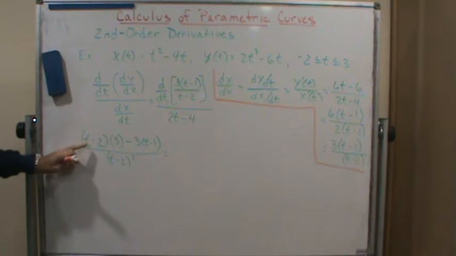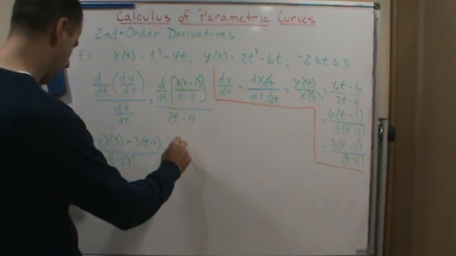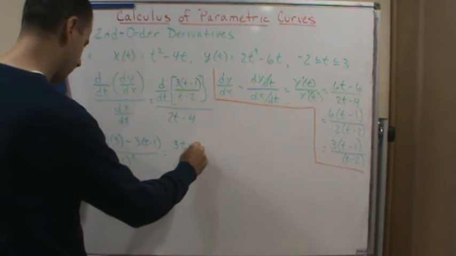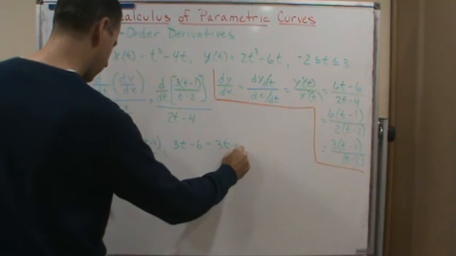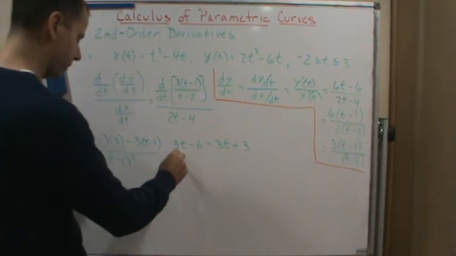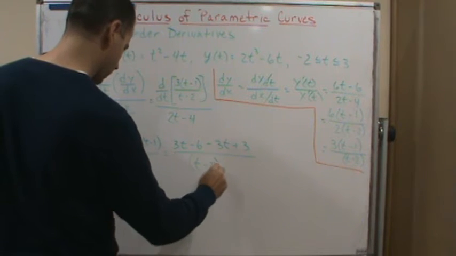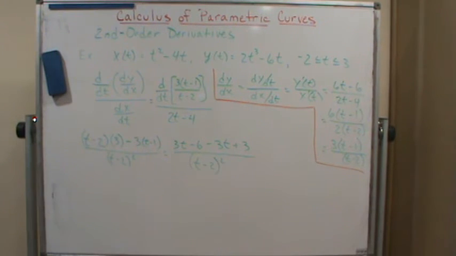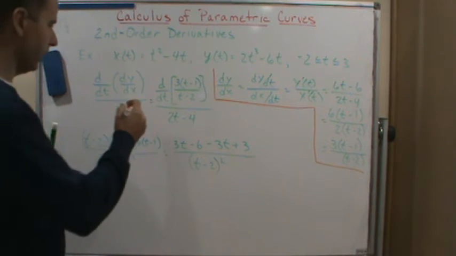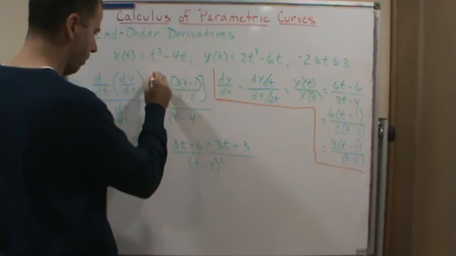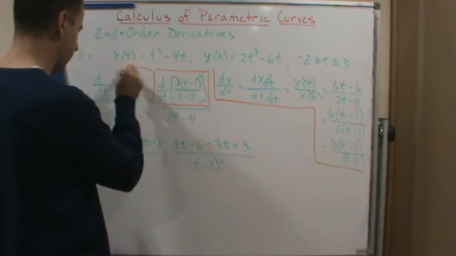This is going to be 3t minus 6 minus 3t plus 3, over (t minus 2) squared. Okay, so far what I'm doing is I'm just taking the derivative of this.